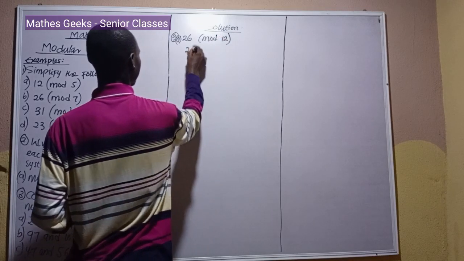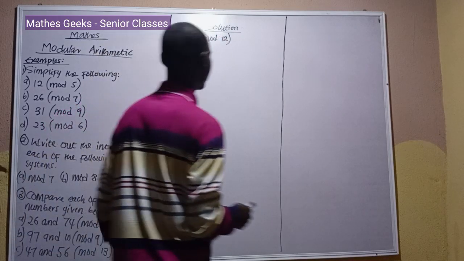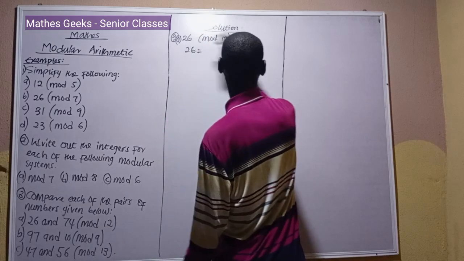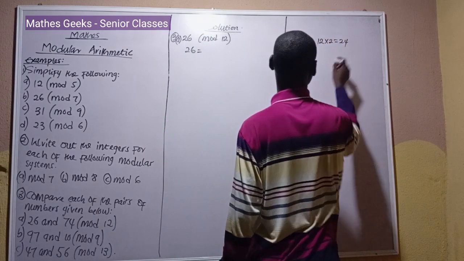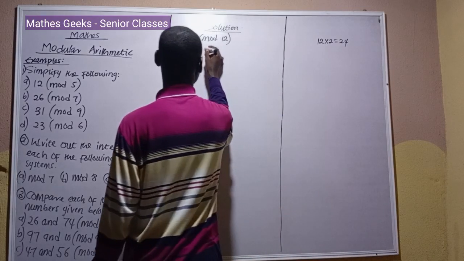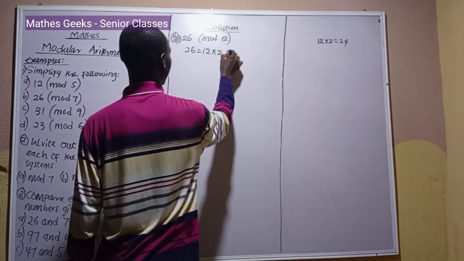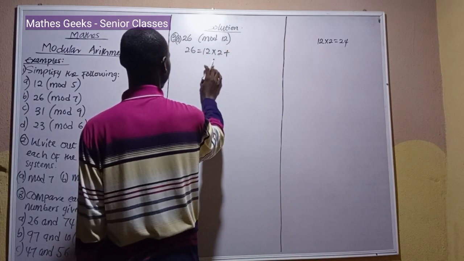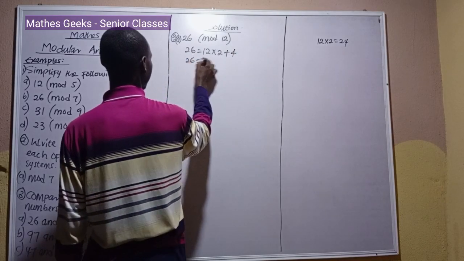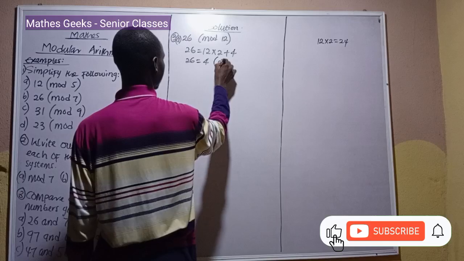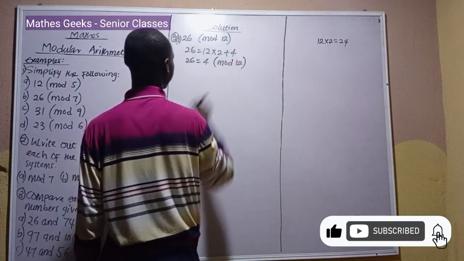The multiple of 12 that is closest to 26 is 24, 12 times 2, which is 24. What would be added to 24 to get 26? That will be 4. So this is the remainder.